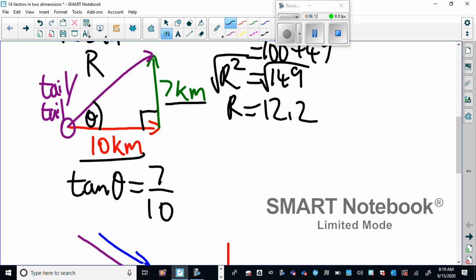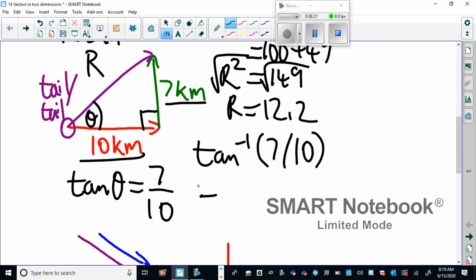Then I have to use my inverse tangent feature on my calculator. That's going to give me an angle of 35 degrees. Okay, so pretty straightforward so far.